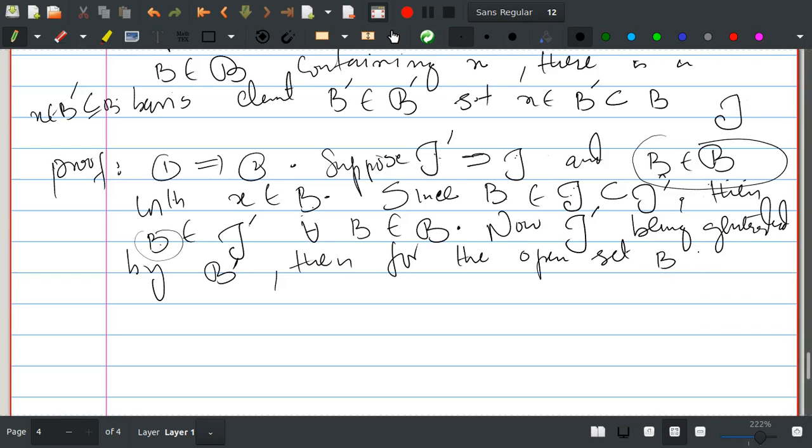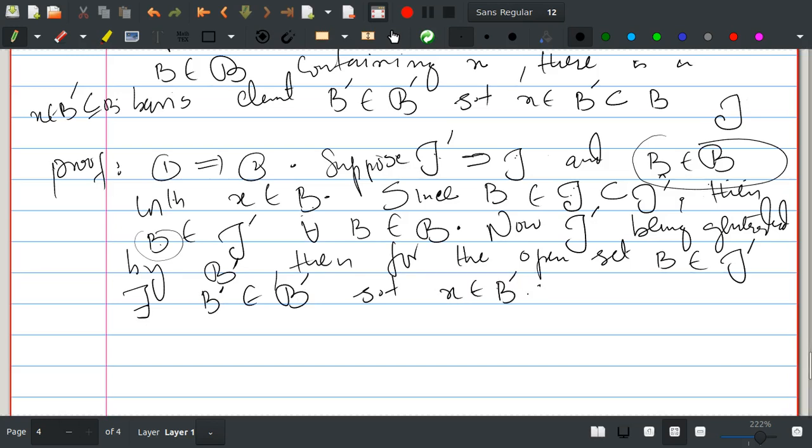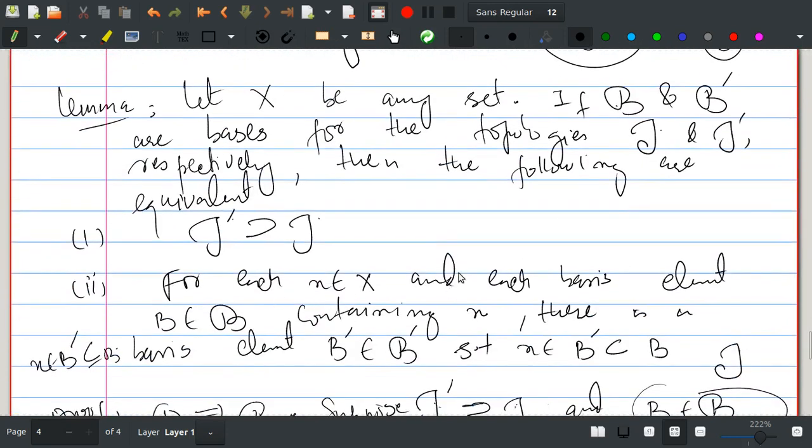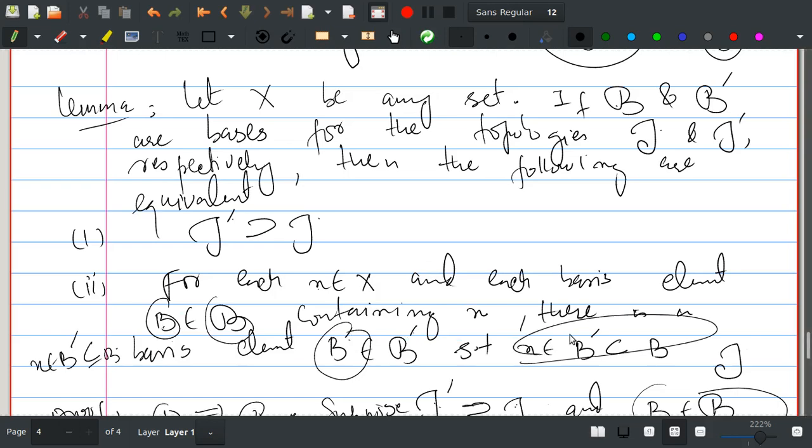Then for the open set b in T prime, there exists this basic element b prime in B prime such that x is in b prime and this b prime is contained in b. So this proves the second item. So what we did, we chose a basic element b here and an element x in this b, and we find an element b prime in B prime with this condition. So this proves the second item.